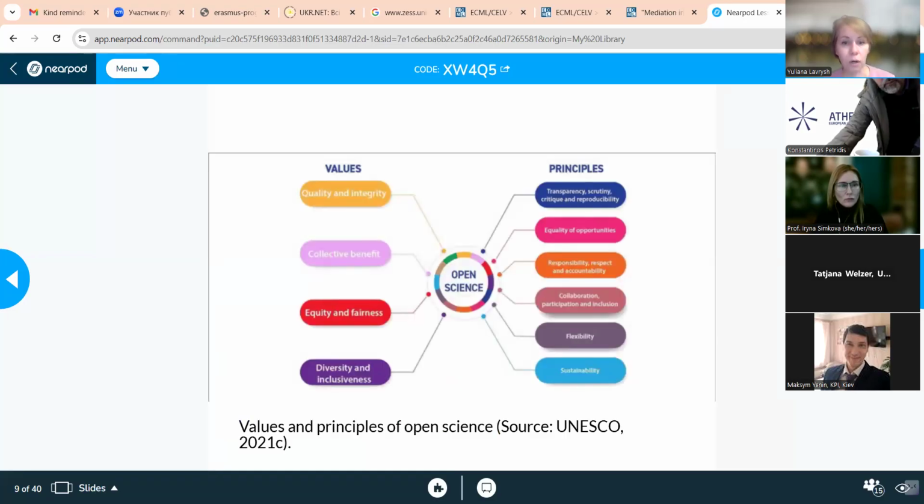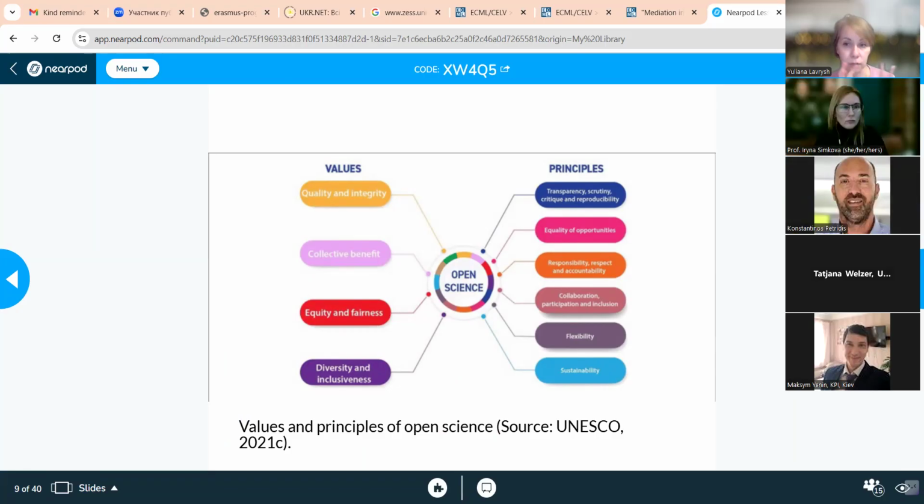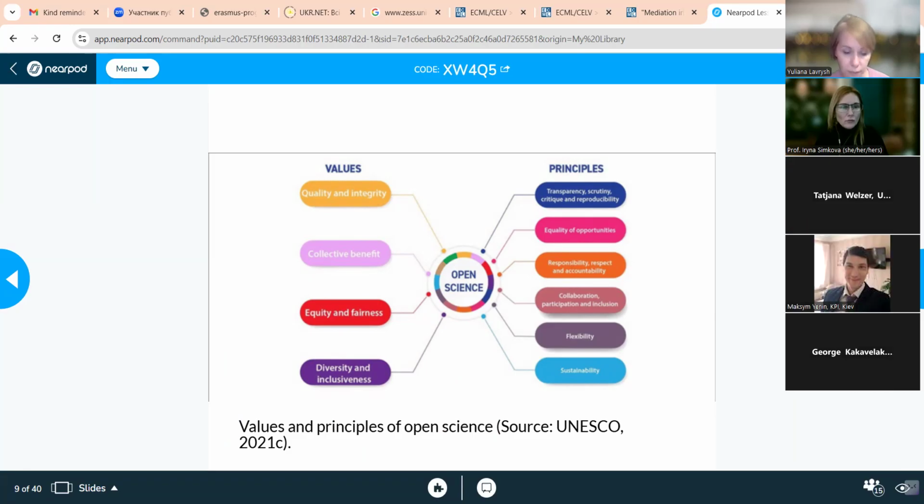Okay, so UNESCO developed, and here in this infographic, you can see the key values and key principles of open science. So first of all, let's discuss the values. You can see there are 4 values of open science. The first one is quality and integrity. You remember, coming back to our first statement, that open data becomes open immediately.